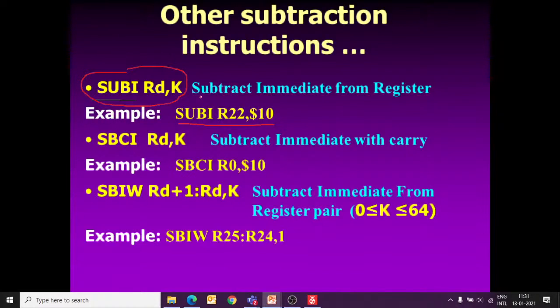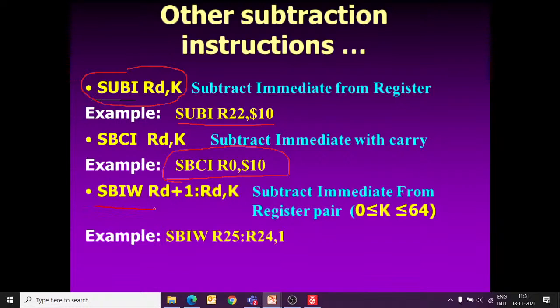Then SBCI, with C, means subtract immediate with carry. That carry is basically a borrow, because for a microprocessor, borrow and carry both affect the carry flag, right?